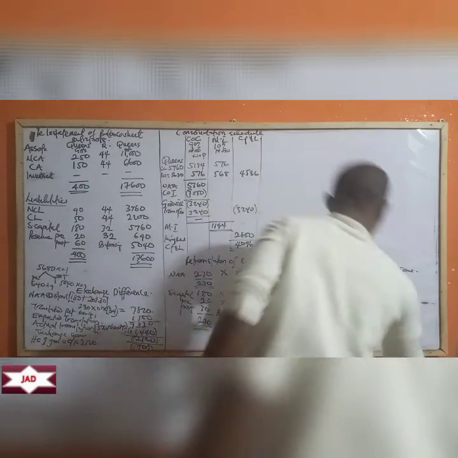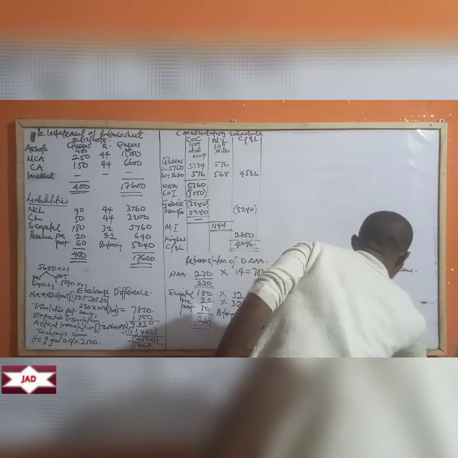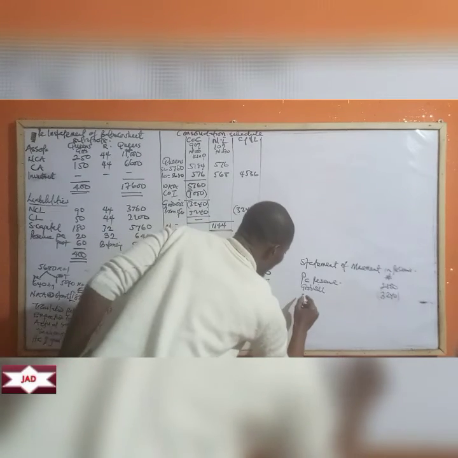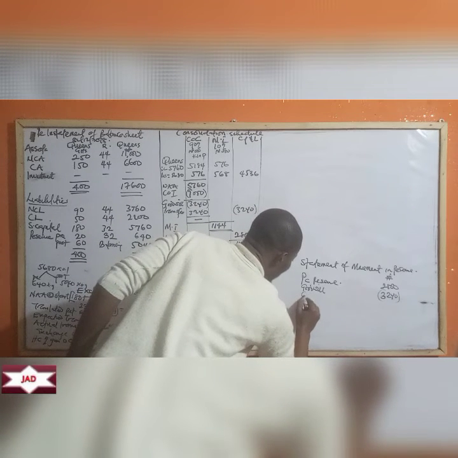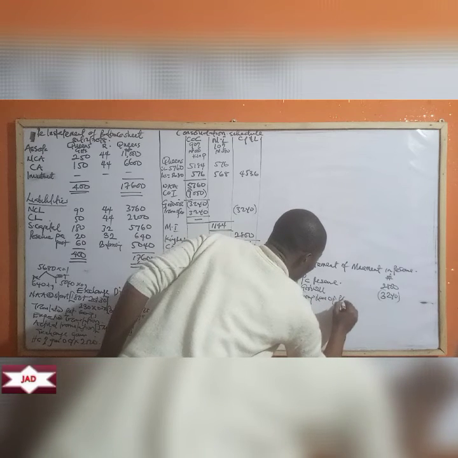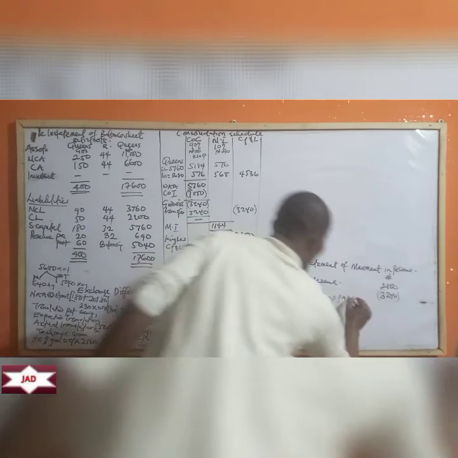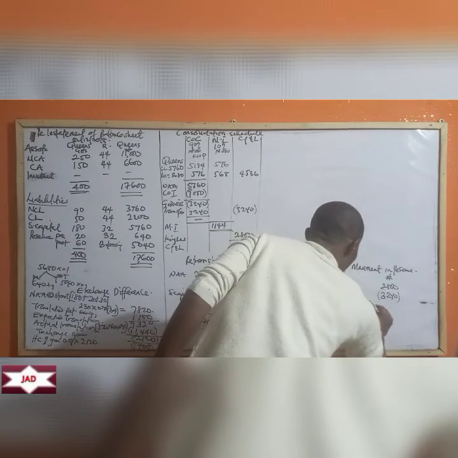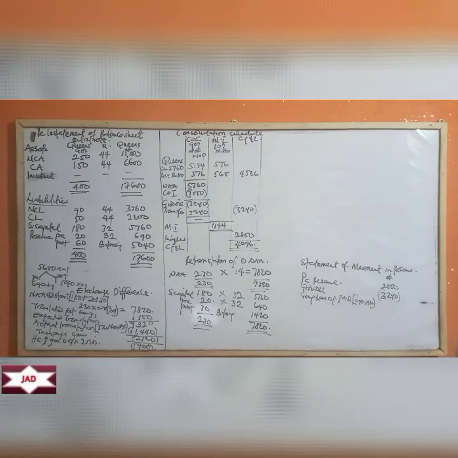We have that, 3,240. Okay. So what's our group share of opening post-acquisition reserve? Now it is 0.9 times 1,420. What do we have? $1,278.